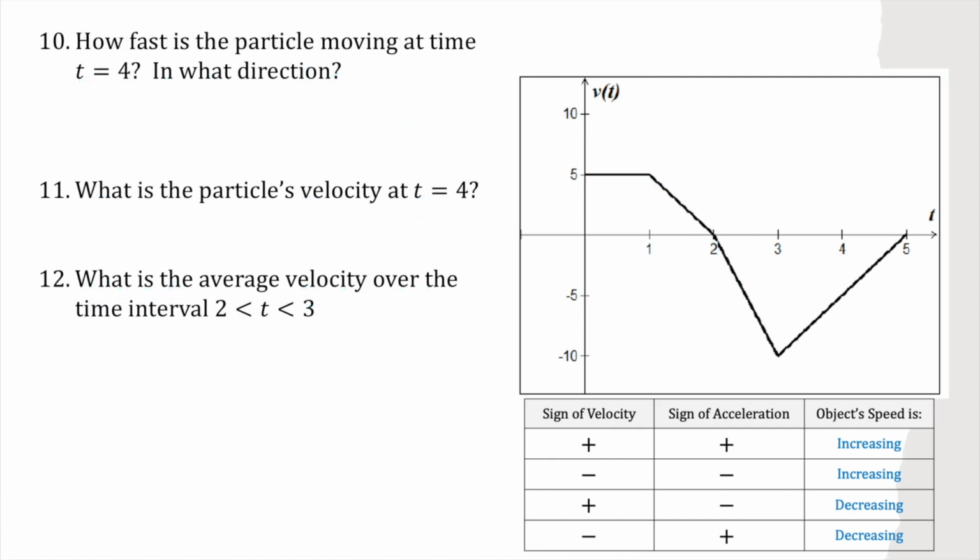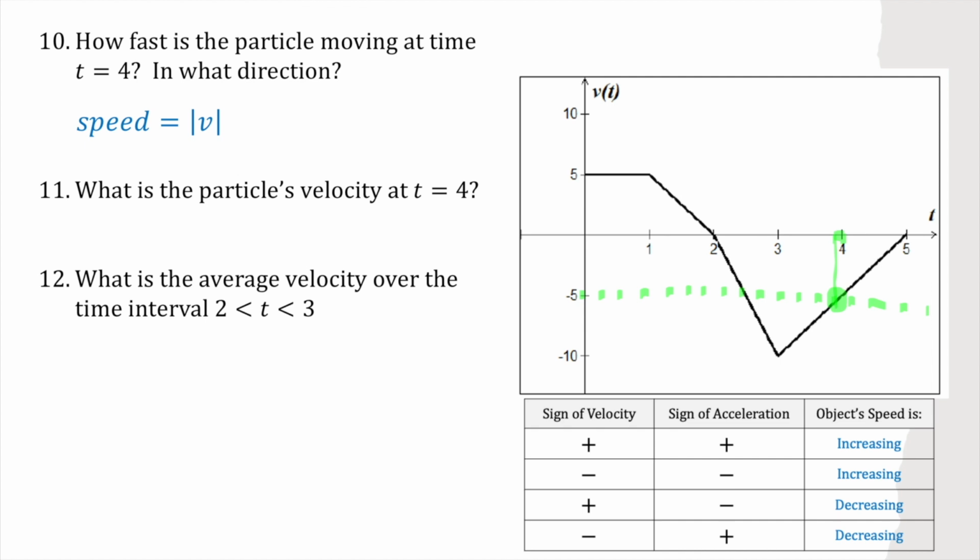Number 10, how fast is the particle moving at the time t equals 4? So here's t equals 4. How fast is the particle moving? And in what direction? The speed is the absolute value of velocity.